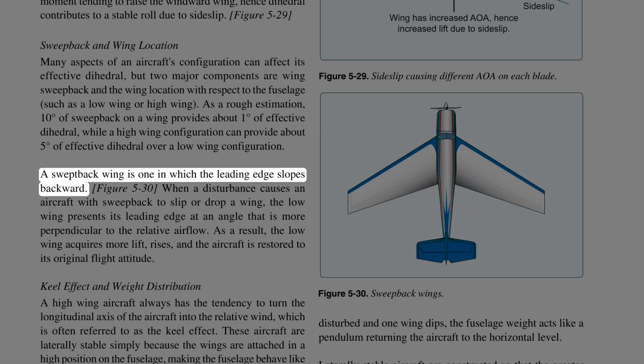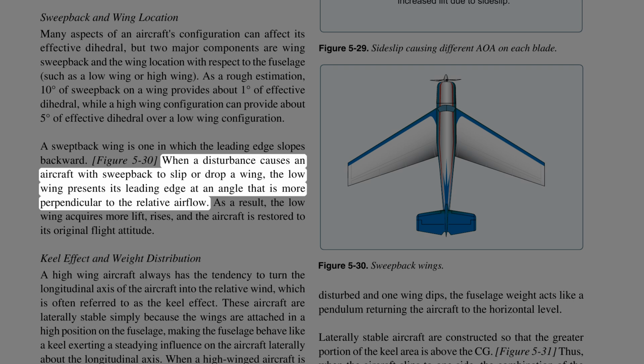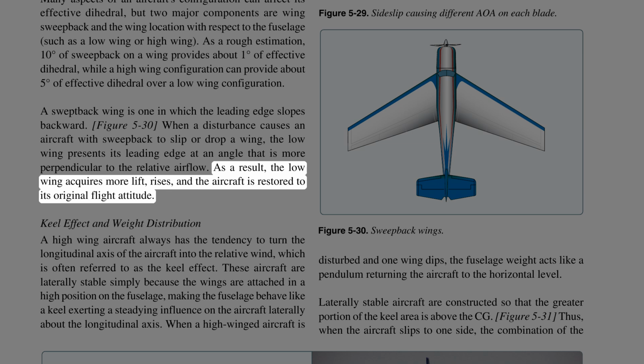A swept back wing is one in which the leading edge slopes backward. When a disturbance causes an aircraft with sweepback to slip or drop a wing, the low wing presents its leading edge at an angle that is more perpendicular to the relative airflow. As a result, the low wing acquires more lift, rises, and the aircraft is restored to its original flight attitude.